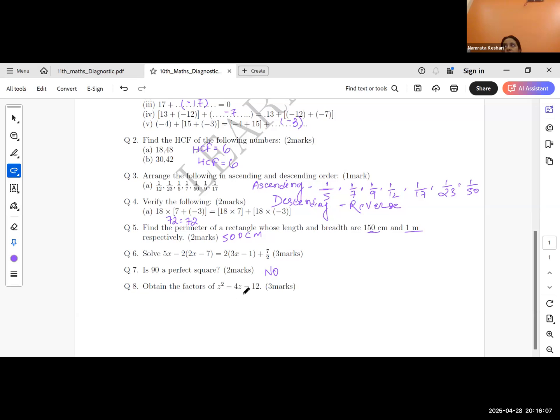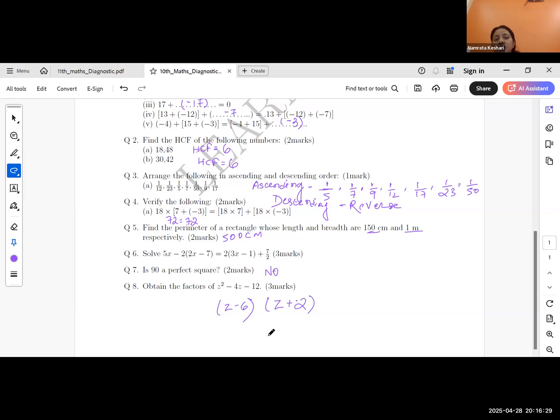And z is equal to 6 and minus 2. We just need to do the factorization, because the other side equal to 0 is not there. Yes, ma'am.